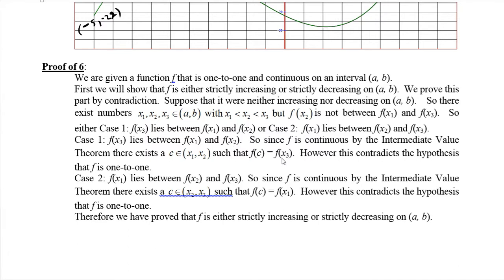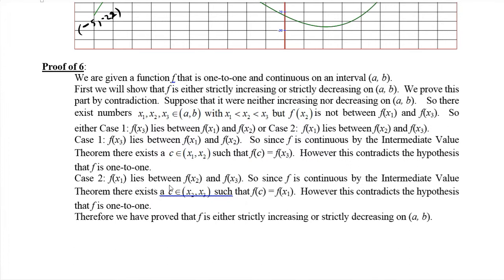This is like our red line again, this y value. Well, wait a minute, that's going to be a contradiction, because this is supposed to be one-to-one. Every y can only come from one x as long as these x's are in this interval from a to b, and they all are. So that contradicts that, and so our original assumption, that it's neither increasing nor decreasing, must be false.